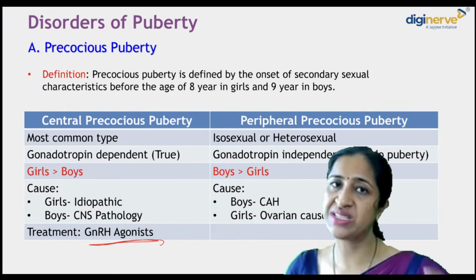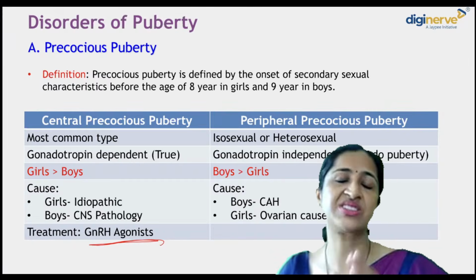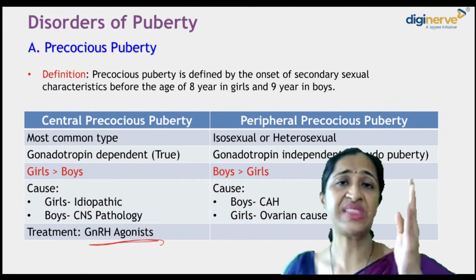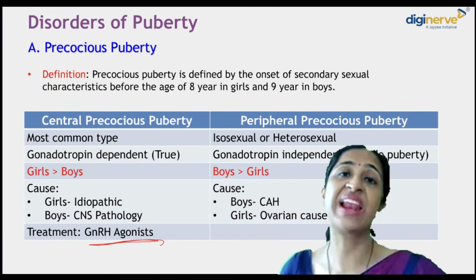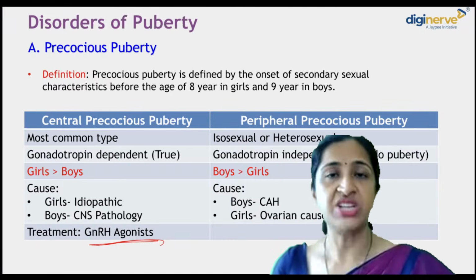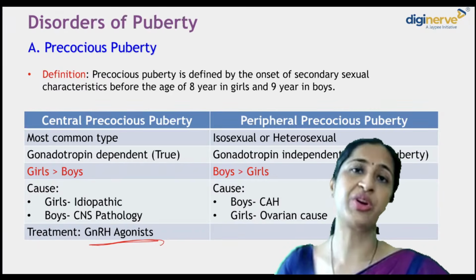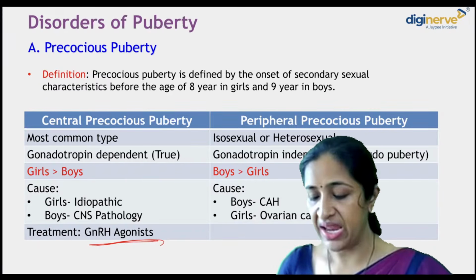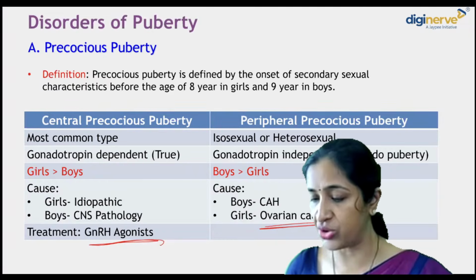In boys, it's typically congenital adrenal hyperplasia. Why? Because in girls, congenital adrenal hyperplasia is identified very much earlier at birth with virilized genitalia. In boys, this virilization is considered normal. So that is why boys with CAH get missed and come with precocious puberty. In girls, the cause can be an ovarian cause, much lesser as compared to boys.